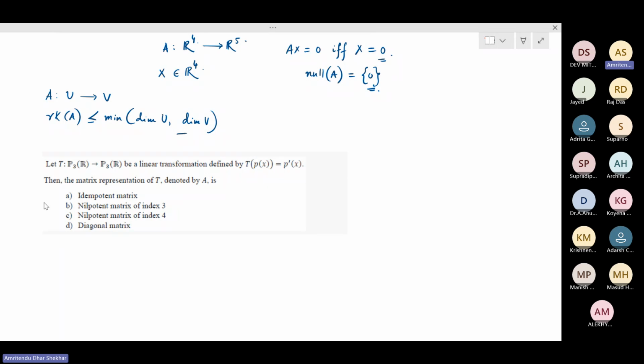You have to choose which of them is correct. So what is an idempotent matrix? You say that the operation is idempotent if T square is equal to T.